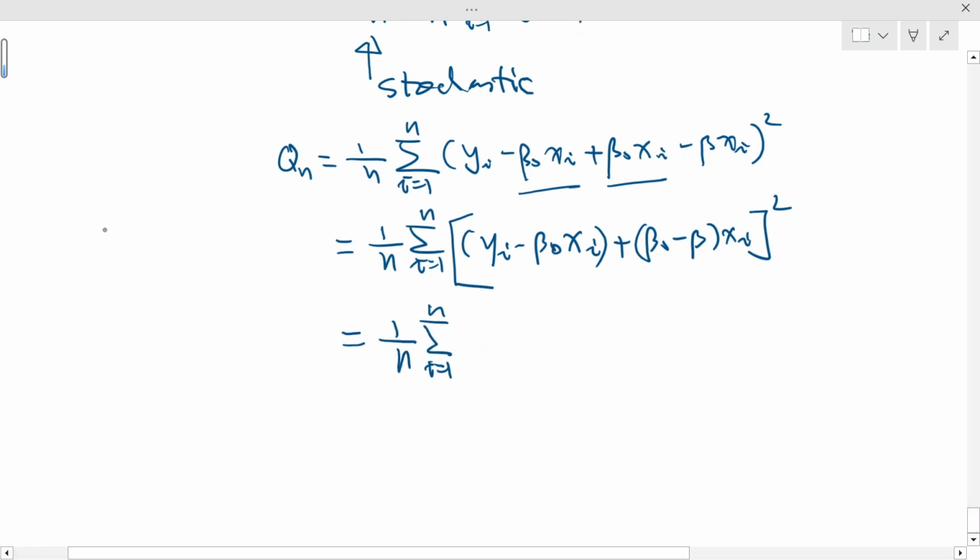Note that the true data generating process is yi equals beta 0 xi plus epsilon i, so yi minus beta 0 xi is equal to epsilon i.